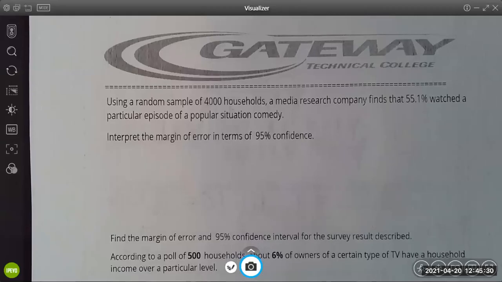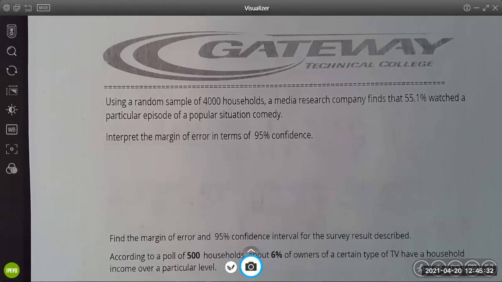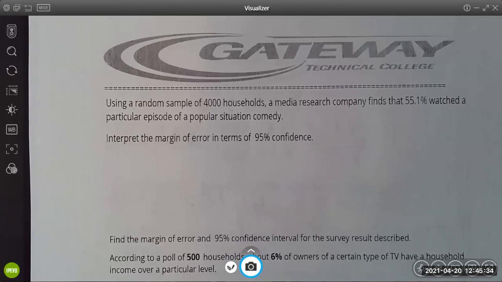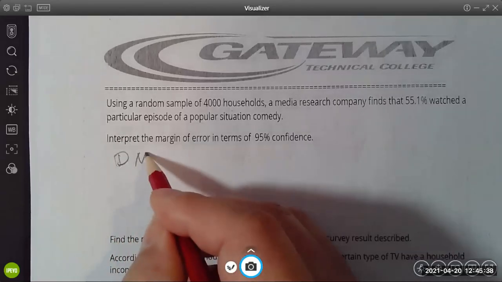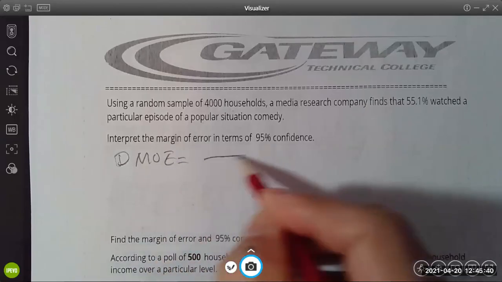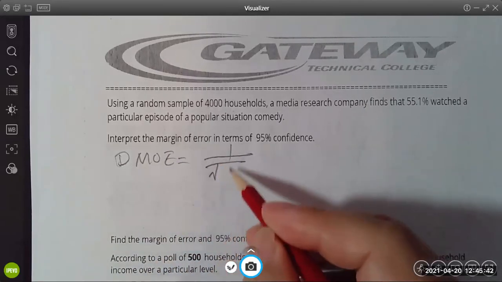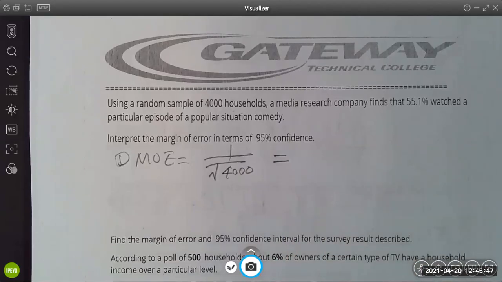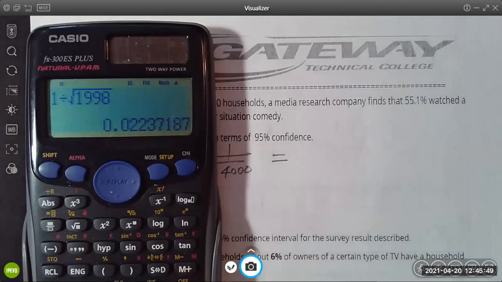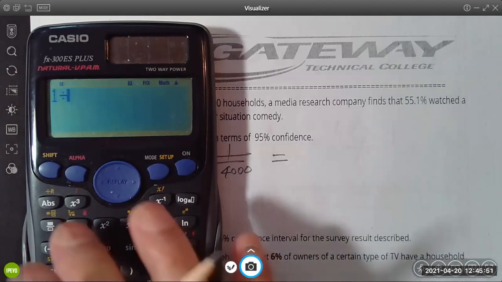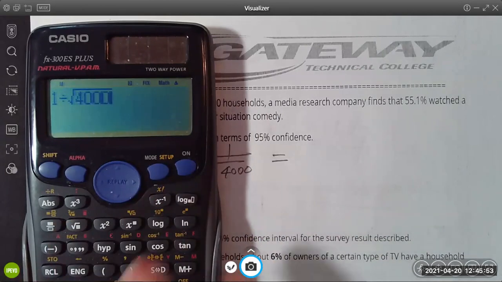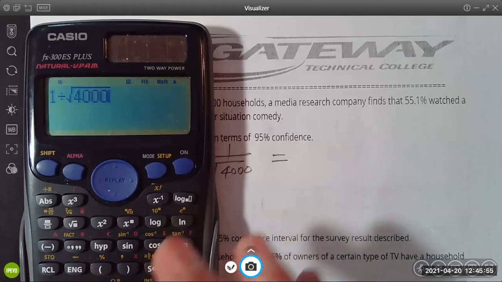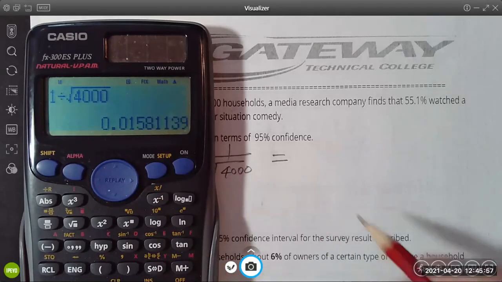Whenever they ask us to interpret the margin of error, we need that confidence interval. So let's do the calculation: margin of error equals 1 over the square root of the sample size 4,000, so 1 divided by the square root of 4,000 is 1.6%.